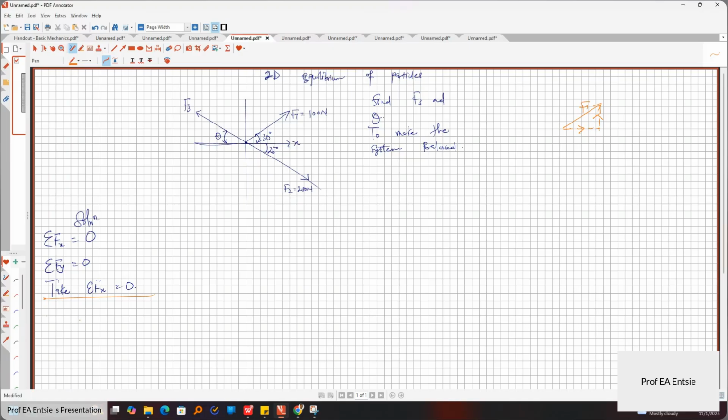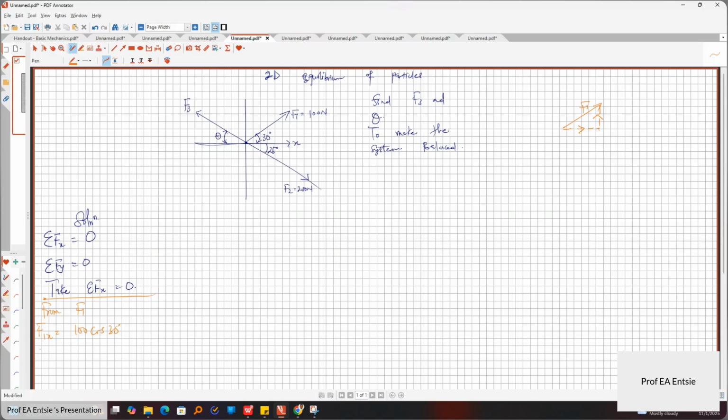So now from F1, I'll get F1x to be equal to 100 cos 30 degrees.